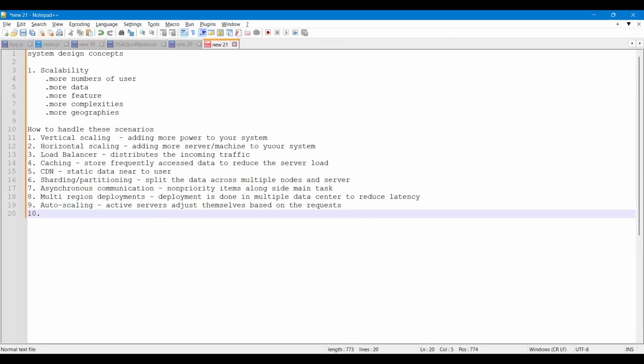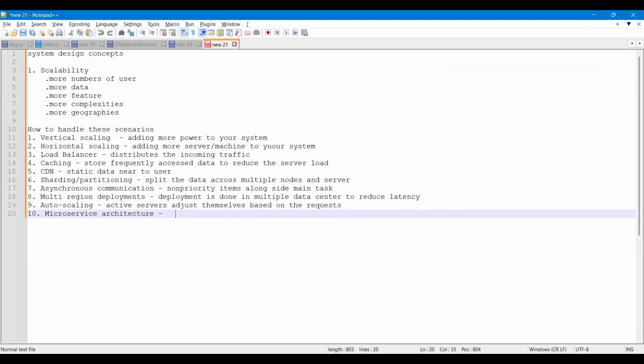And the last one is very simple. It should be the first one, but I forgot to take this initially. So we should work on the microservice architecture. Why?